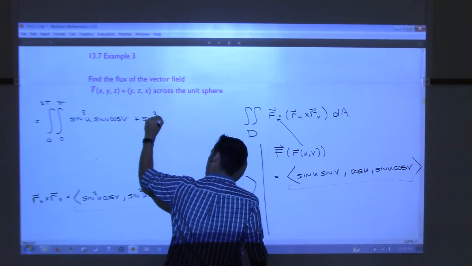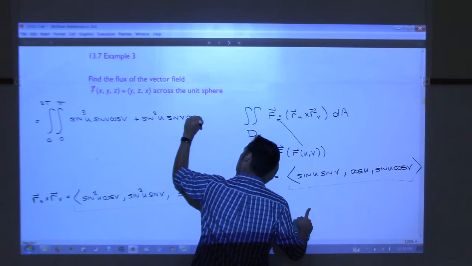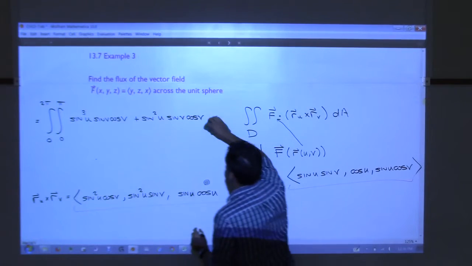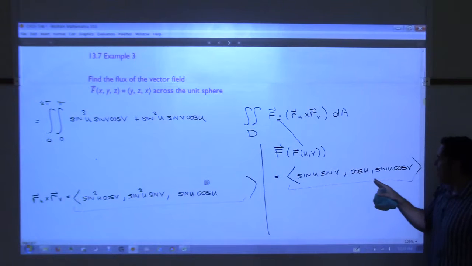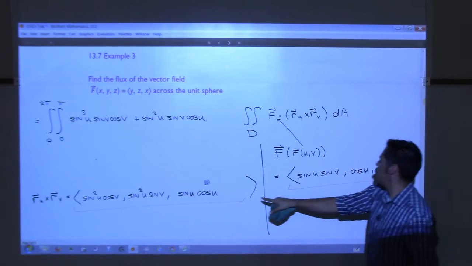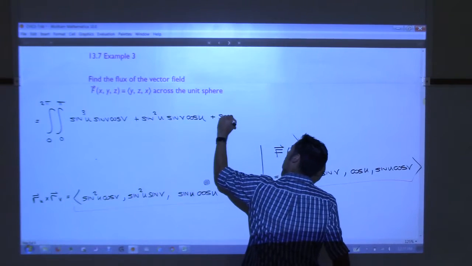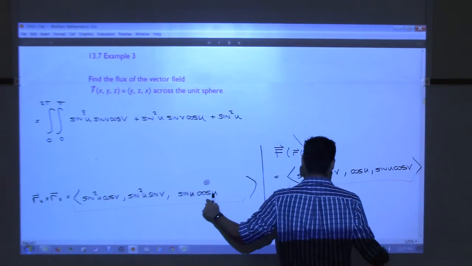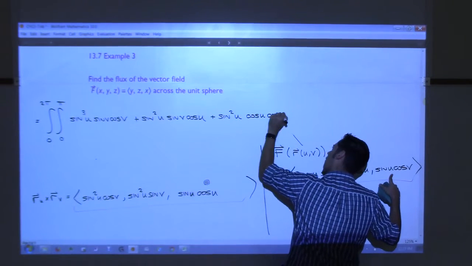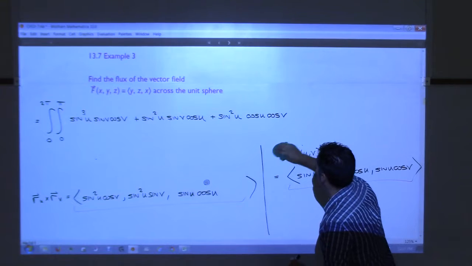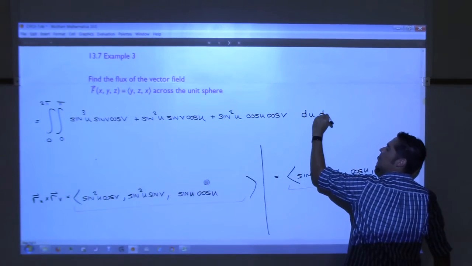Sine squared u sine v cosine u. Oh, cosine u. Thank you. So that times that. And then finally, this and this. So sine squared u cosine u cosine v, du dv.